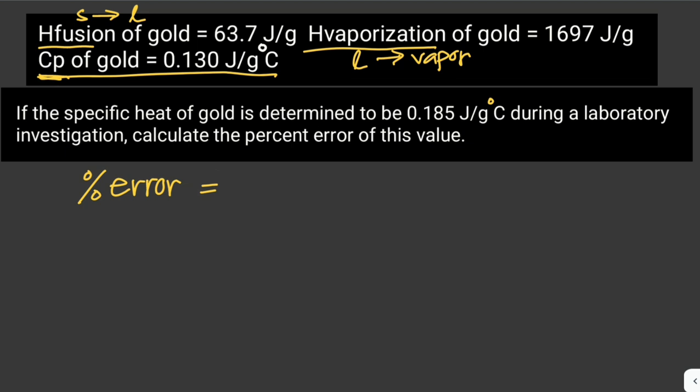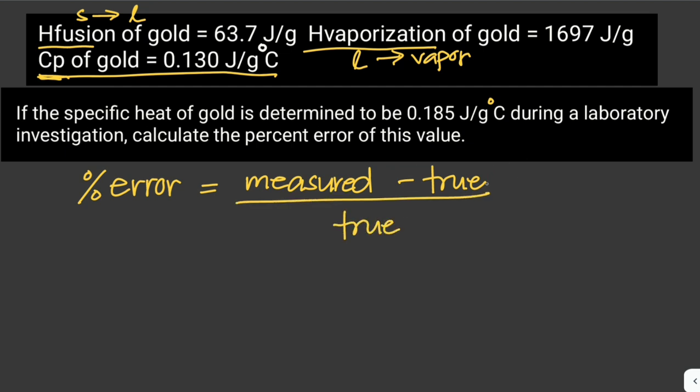This is just equal to the measured value minus the accepted or the true value, divided by the true value, times 100%, or experimental minus the accepted value divided by the accepted value.